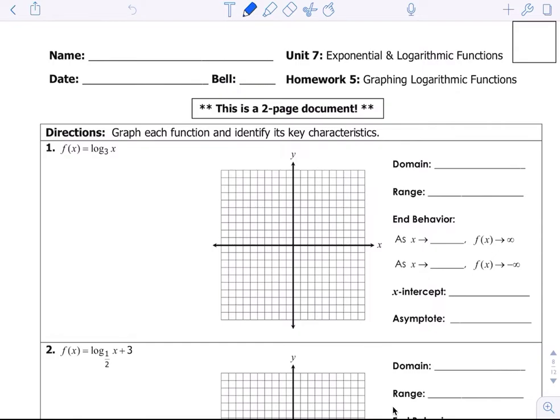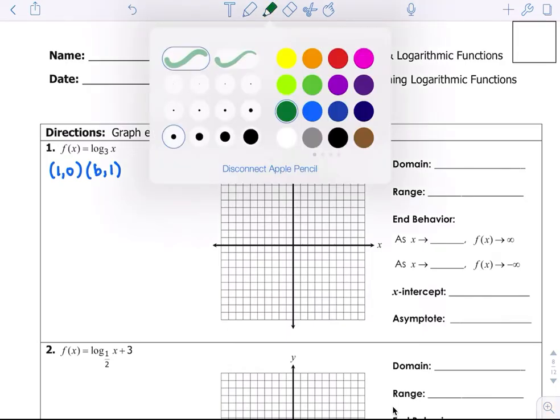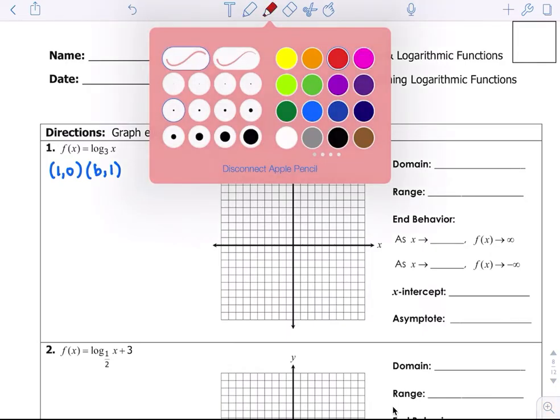So fortunately, this one is a parent function. So we are going to have 1 comma 0 and b comma 1. So remember, your b value is this value right here, and I'm going to highlight it in red.